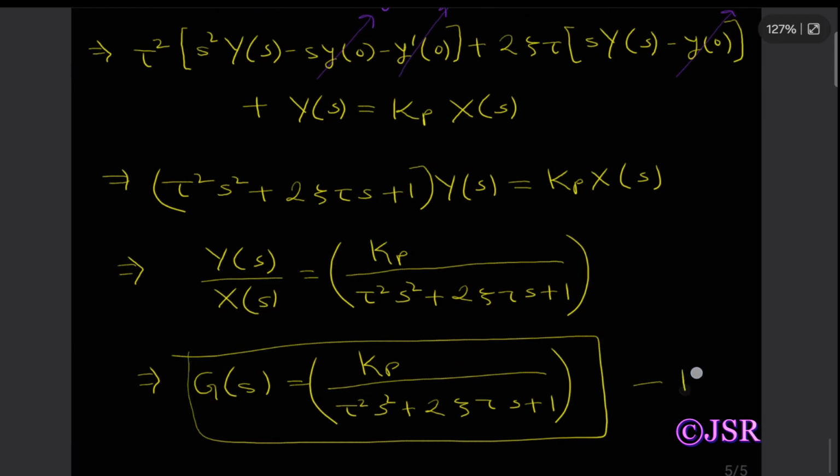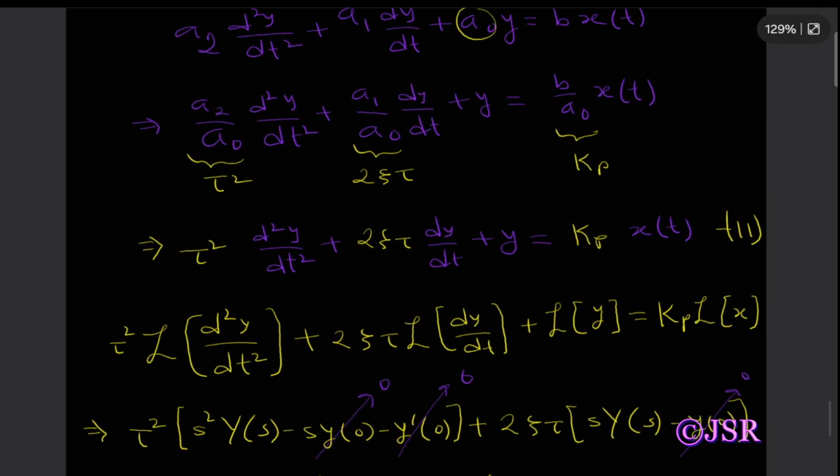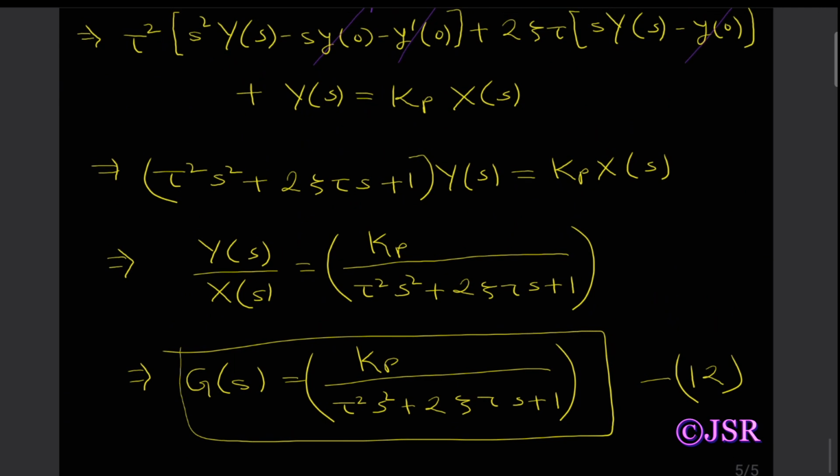So the equation number 12 represents the transfer function for second order system. So here we have the transfer function for first order system as well as second order system.